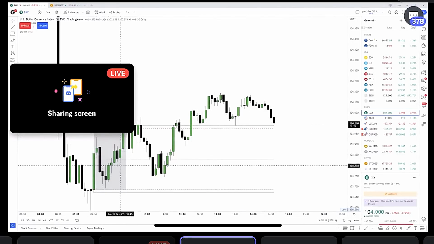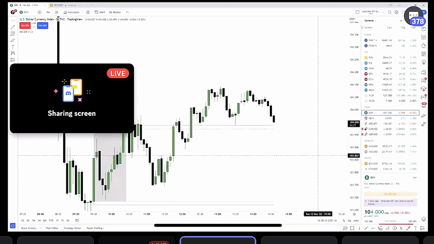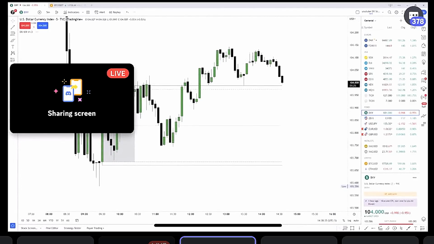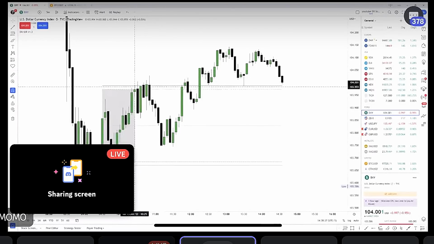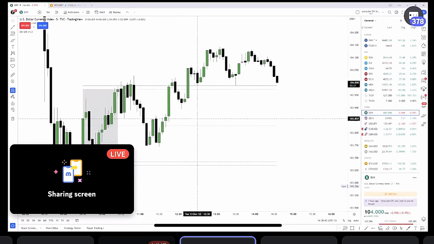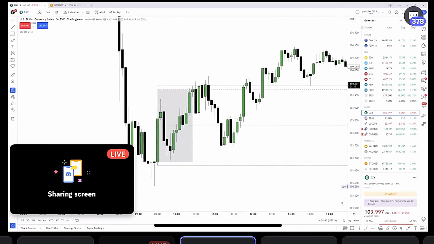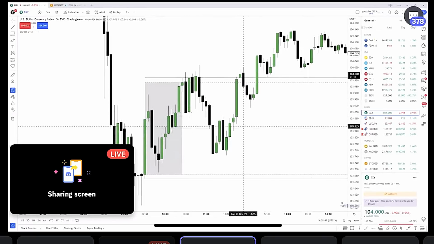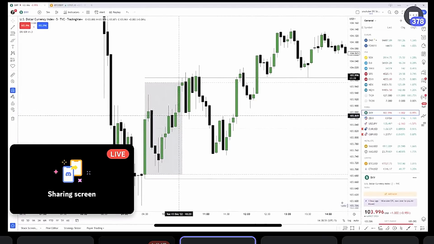This example here is also beautiful, DXY. So you have confirmation over here, then we are retracing. And see, why would I not take any long here? I mean, people say that's hindsight, but I'm not looking at a chart from here to here. I'm looking candle for candle, and I'm asking myself, is there something to go long?